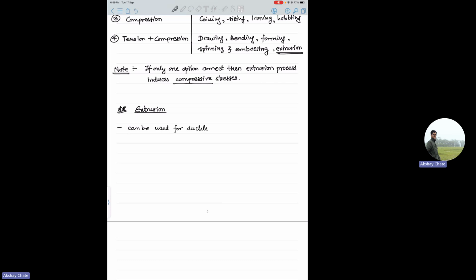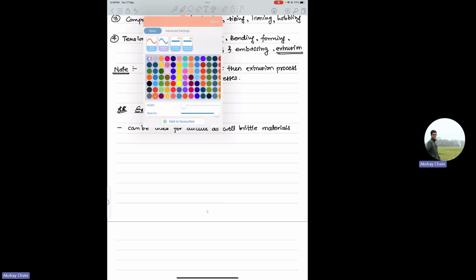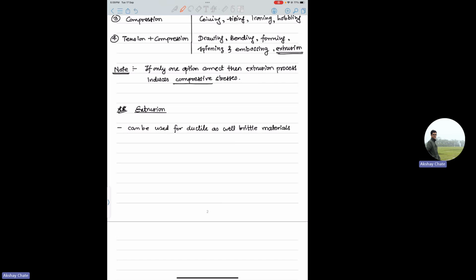for ductile as well as brittle materials. And this is a very unique characteristic, because you should have seen by now there are many forming processes for ductile materials, but for brittle materials there are not many, because brittle materials usually have very small tensile and shear strength.